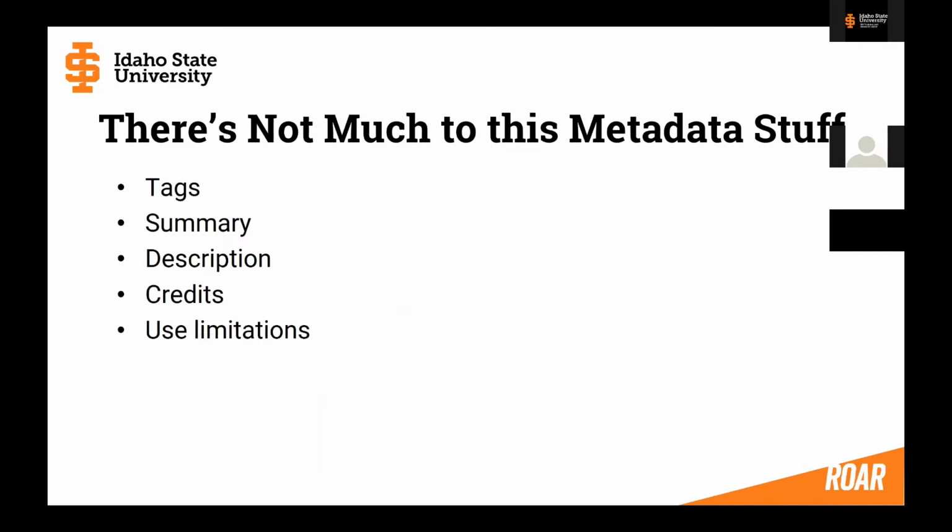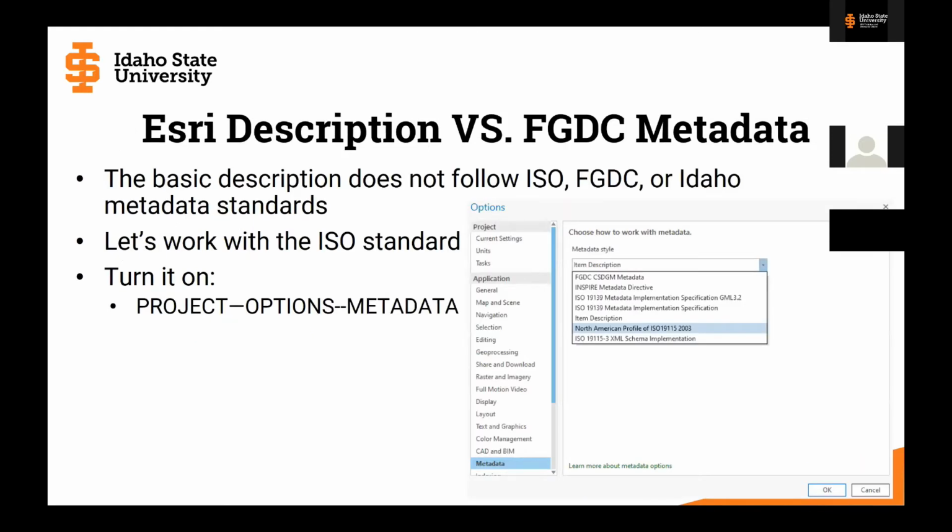Well, you're going to say, there's not much to this metadata stuff. All I saw was tags, summary, description, credits, and use limitations. Wow. And you guys are spending a series of 3 webinars on metadata. Well, really, what you just saw is not metadata. It is the ArcGIS description, or the Esri description.